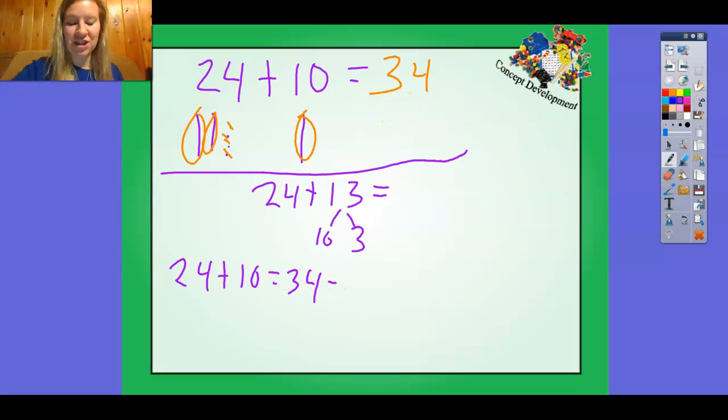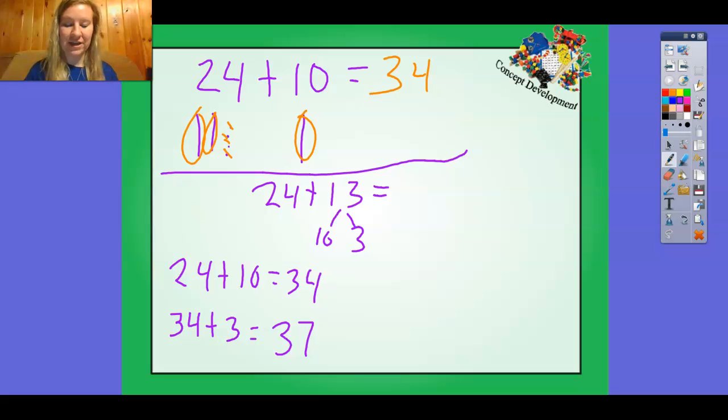And we can just keep adding up. If we do our 34, we just need to add 3. So we're going to say 34 plus 3 equals, so if we use our fingers and put 3 fingers up, 34, 35, 36, 37, we have a total of 37 as our answer.